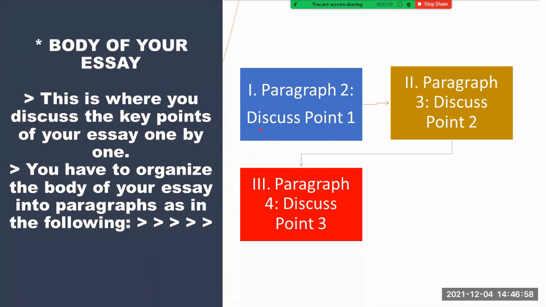For example, our point 1 is poverty and low standard of living. We discuss it in paragraph 2. In paragraph 3, we discuss point 2, which is increasing rate of crime. In paragraph 4, we discuss point 3, which is increasing rate of violence. All these are the evils or effects of unemployment.